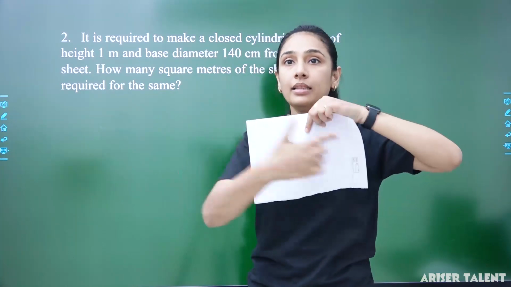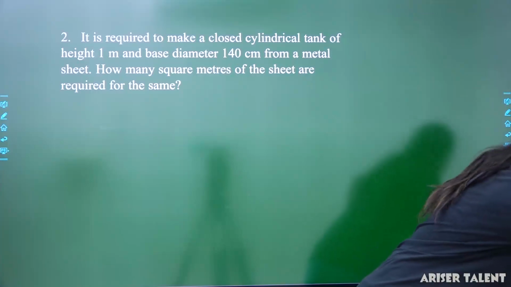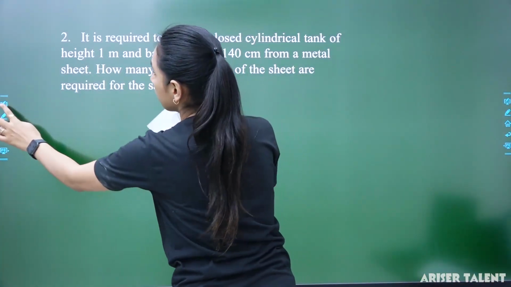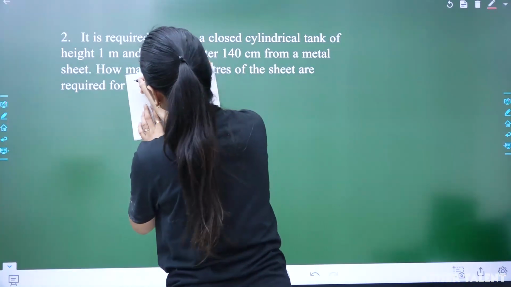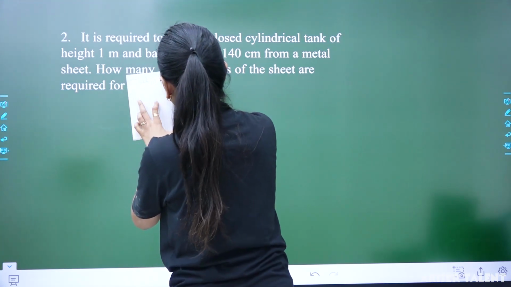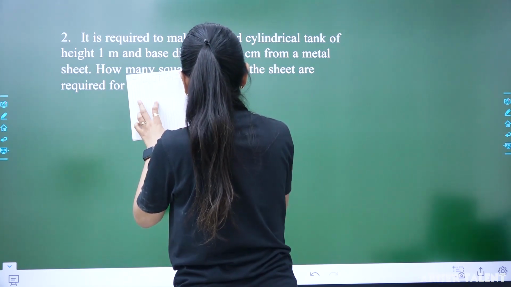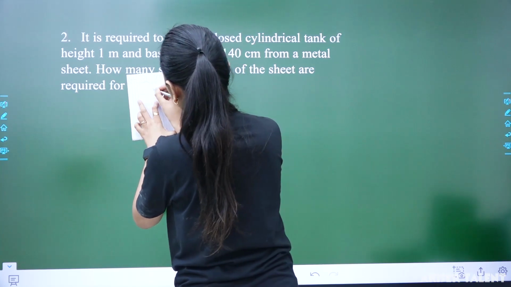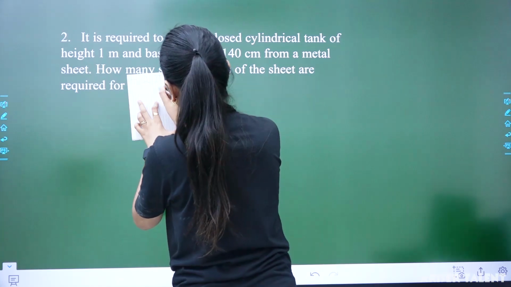So basically this is the length, which is equal to 2 pi r, and this is the height of the cylinder. This 2 pi r is the length and this is the width.